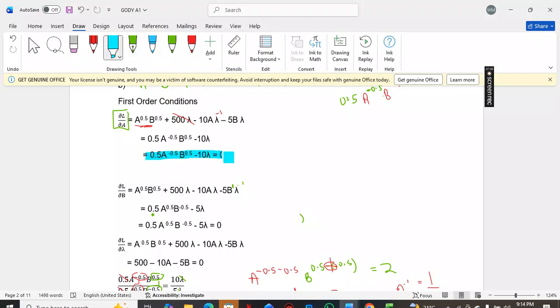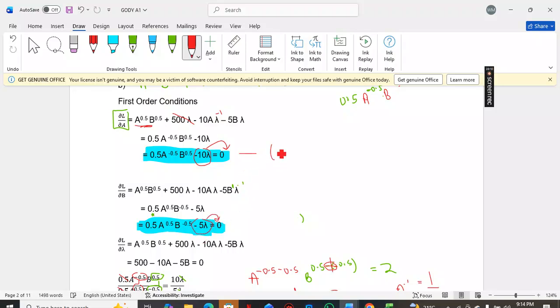These are called your first order conditions. Derive with respect to A. At this point you can take this negative 10 lambda over to the other side, because you're going to divide these first order conditions. Even for B, you get B's first order condition. You derive with respect to B and take your lambda to the other side.